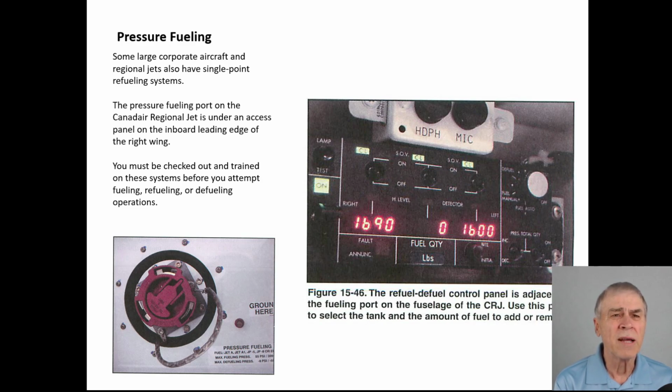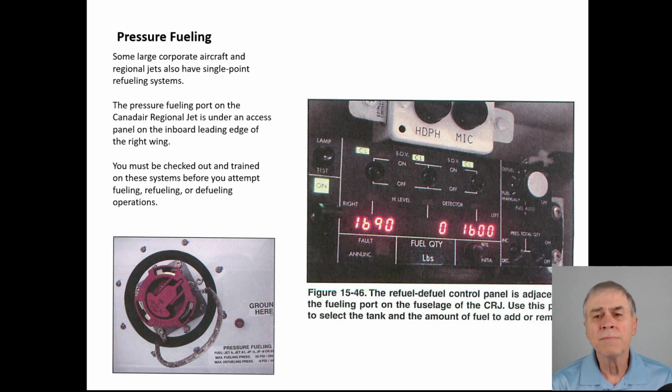You must be checked out and trained on these systems before you attempt fueling, refueling, or defueling operations. Just because the aircraft has a port for pressure fueling, unless you're actually checked out for the procedure, you just don't jump in and do this.